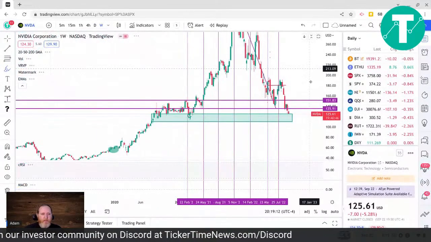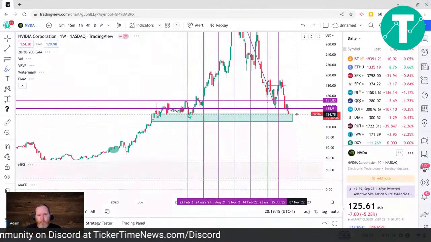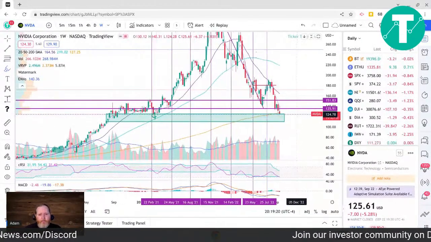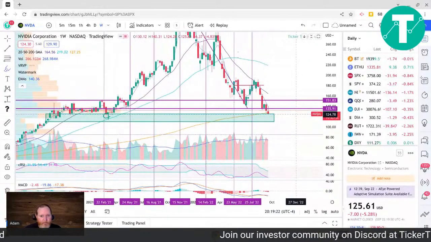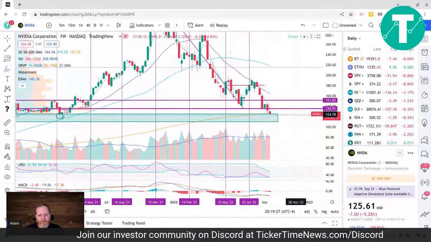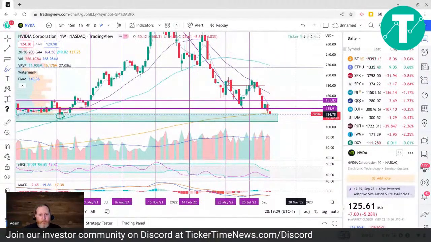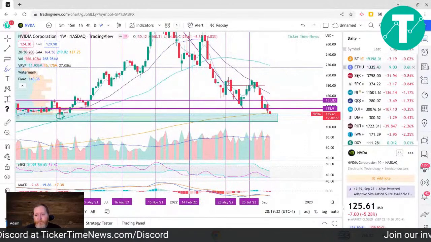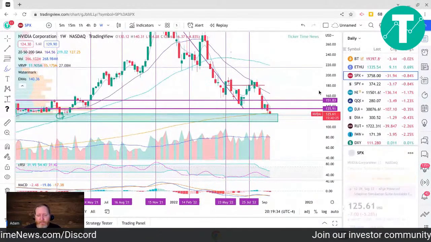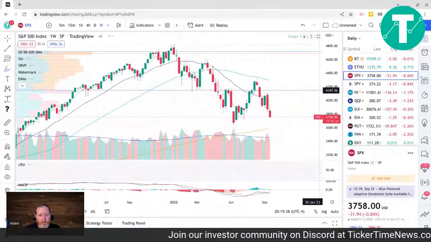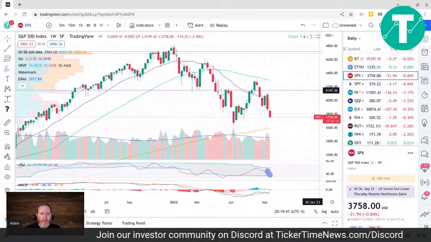It looks like we are setting up for a weekly loss for the SPX. Oh, did it not change? No, it's still on NVIDIA. My apologies. SPX, S&P 500. I do still think it's lining up to be a loss though. Yes, just wanted to double check that.